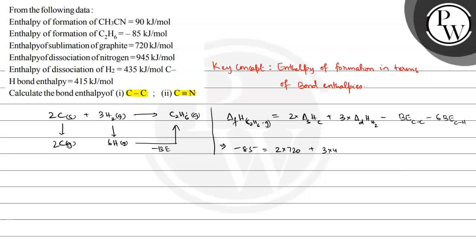So 3 multiplied by 435 minus bond enthalpy of carbon is unknown, and 6 multiplied by bond enthalpy of CH, that is 415. 6 multiplied by 415 minus bond enthalpy of carbon single bond carbon. So इससे जो bond enthalpy of carbon single bond carbon निकल के आती है, that value is 340 किलोजूल पर मोल. So ये एक वैल्यू हमारे पास निकल के आ चुकी है.